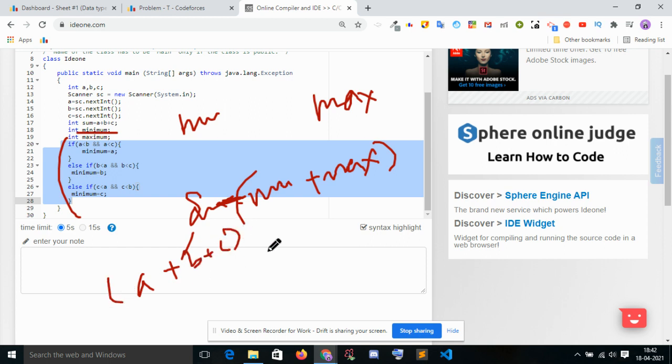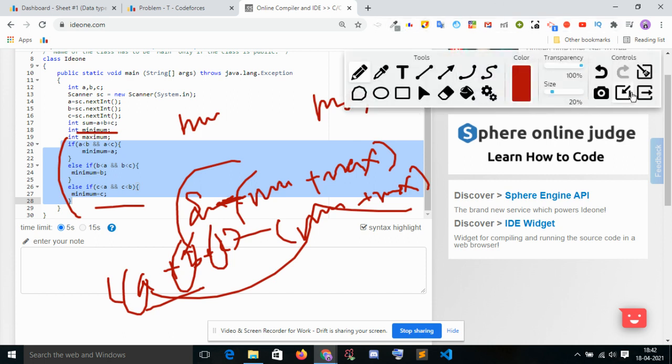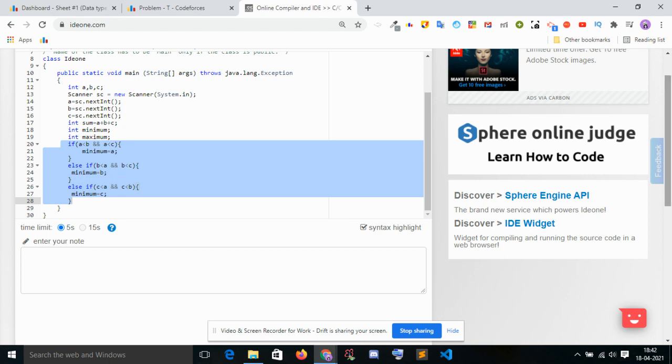So a plus b plus c minus (min plus max) gives the second minimum number. If a is minimum and c is maximum, they will cancel out, and whatever is left is b. We can find it like that.